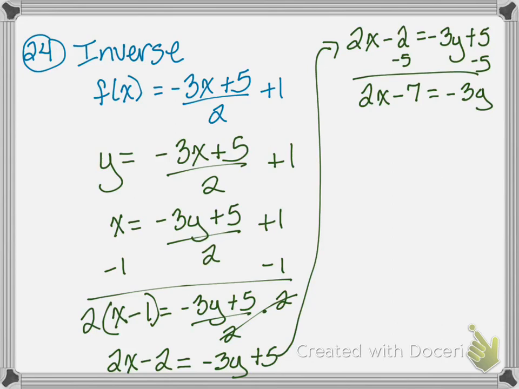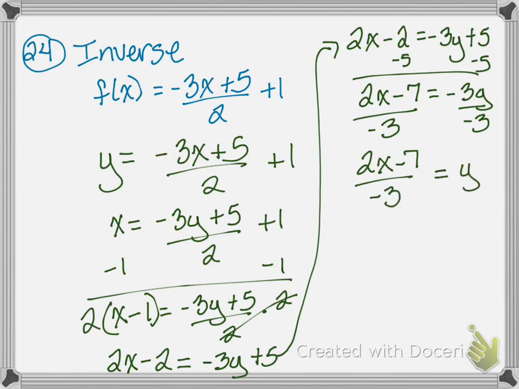Okay, and now I am going to divide by negative 3. I'm dividing both sides by negative 3. So I have 2x minus 7 over negative 3 equals y.